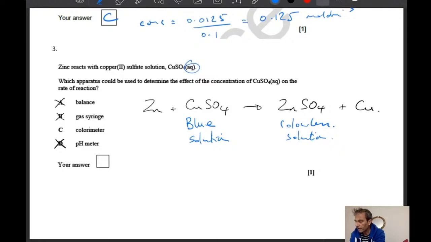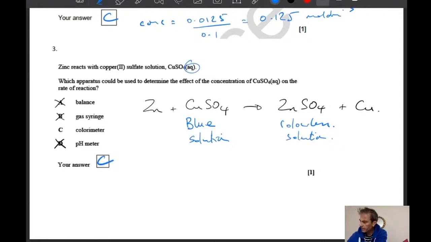And in colorimetry, the colour of the solution is directly linked to the concentration. So the more concentrated this copper sulfate is, the more intense the blue colour is, and obviously a colorimeter could enable you to determine all of that. So that is why option C was the right answer.